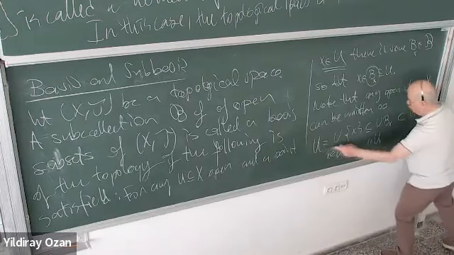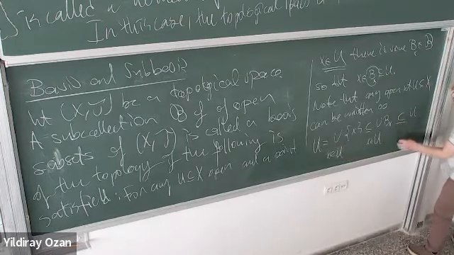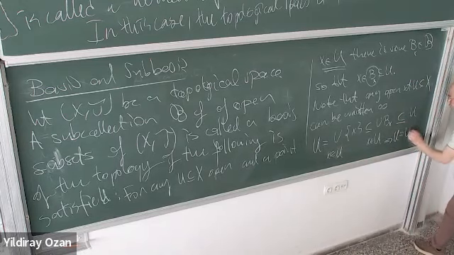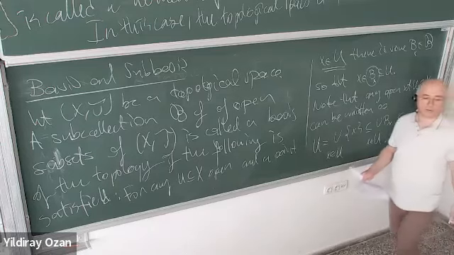I started with U, ended up with U, so this means U is just the union of these Bx's. In other words, every open set is a union of these basis elements. Okay.